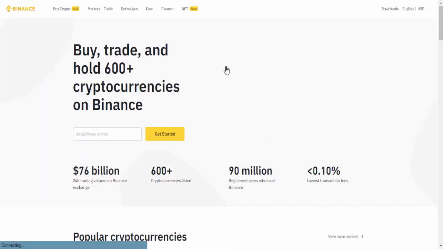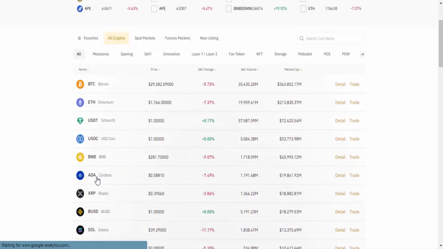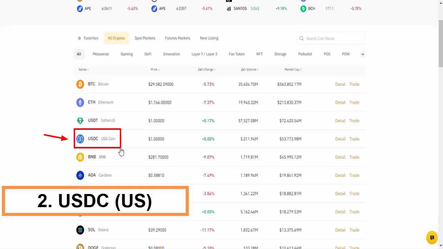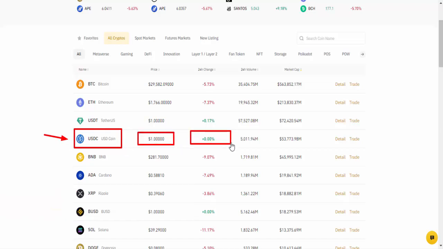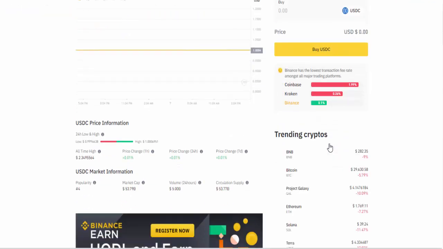Okay, so the next coin in our list is USDC, which is also called a stable coin. It is almost the same as USDT, but less famous because of its market cap and the proportion of people using this type of coin. Let's check out its details.